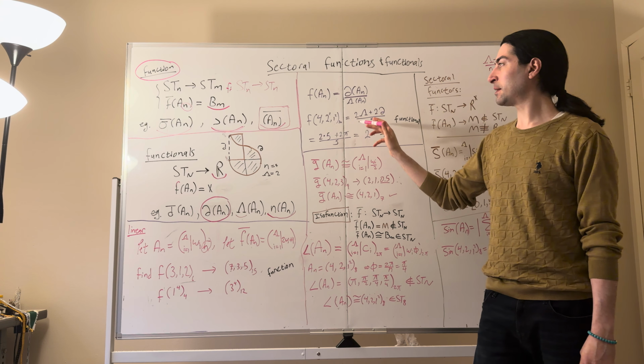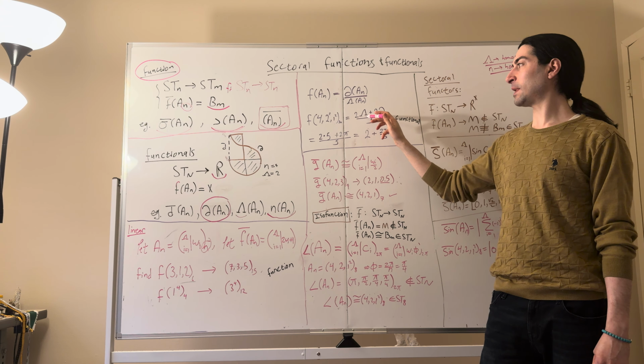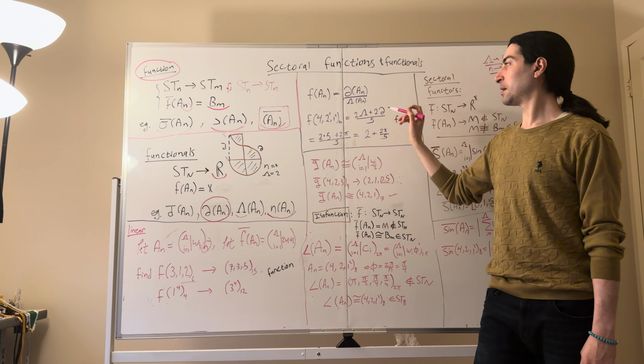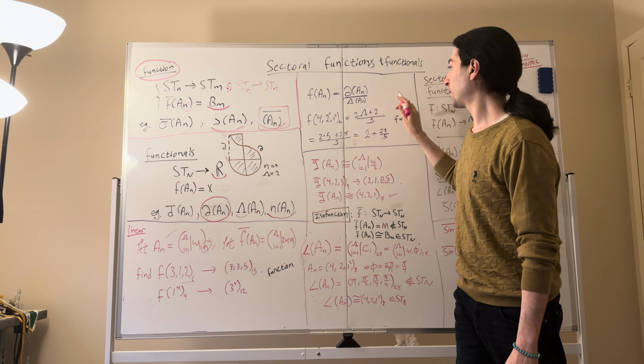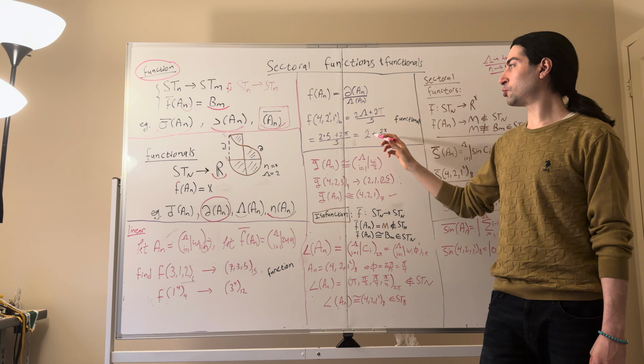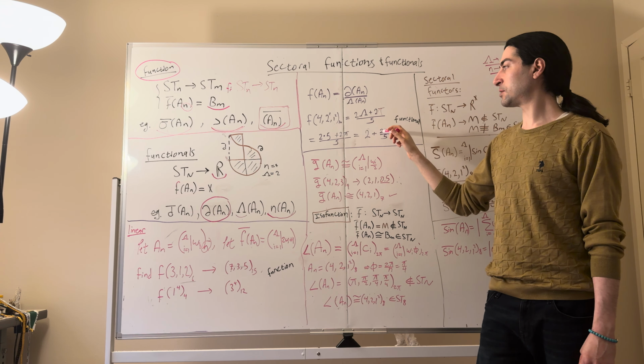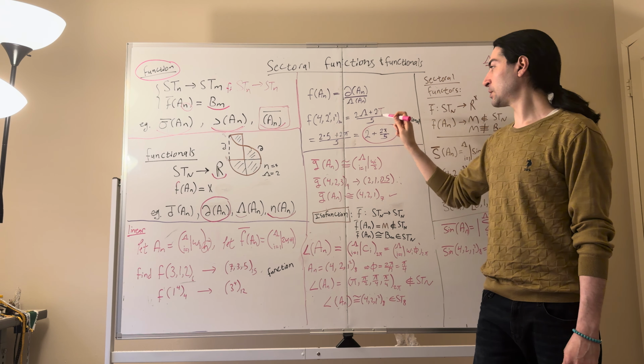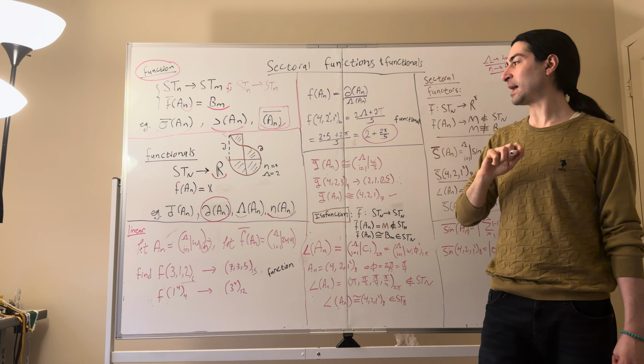So we will apply this. We will say the boundary is equal to 2 lambda plus 2 pi divided by the order. The order is 5. So this equals to 2 plus 2 pi over 5. So again, we ended with a real number. So this is another example of a sectoral functional.